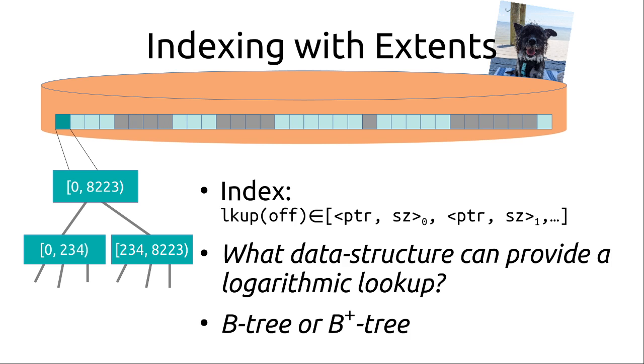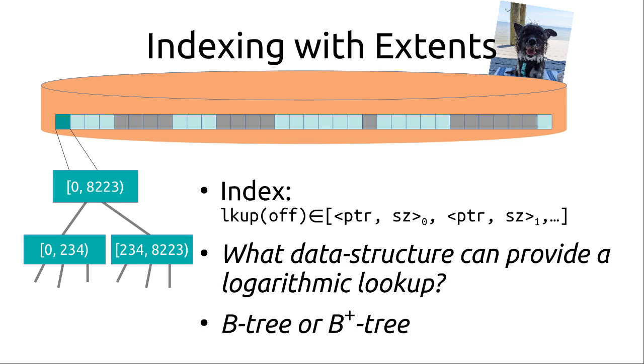So as you can see, the top level node tracks the different ranges of different numbers of blocks that are tracked within the B tree, and then it has a number of different nodes. Here, I only have 2. B trees are n-ary trees, so they track many different children.